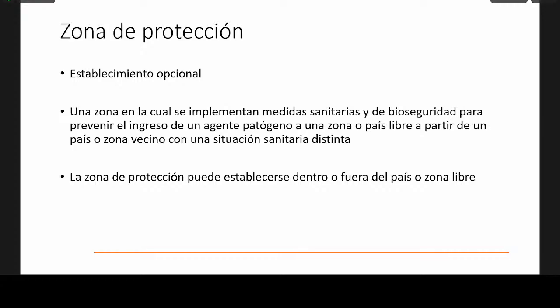As I said, other types of zones have been recently established, like the protection zone and also the containment zone. The protection zone is optional.